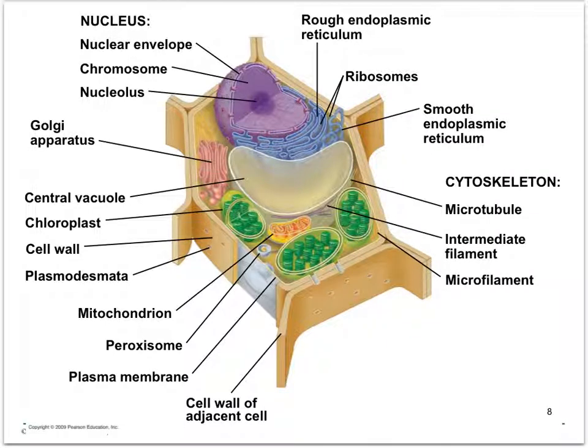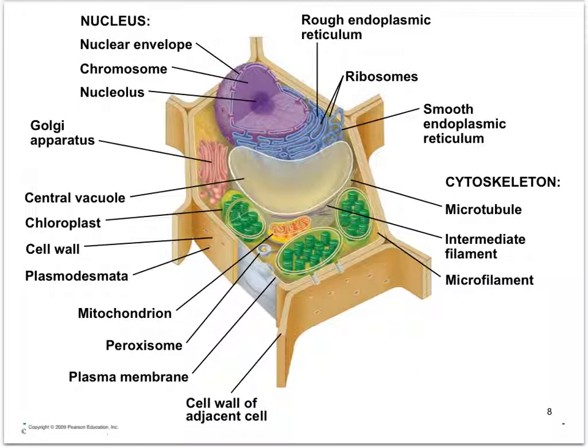Now this is a plant cell. Looks quite different. It's got a rigid cell wall. It's got something called a central vacuole. It's got chloroplasts for photosynthesis.